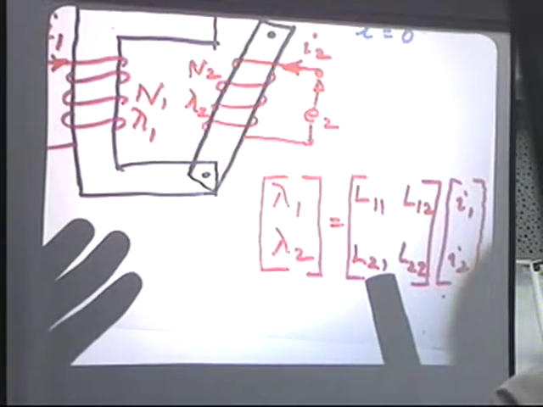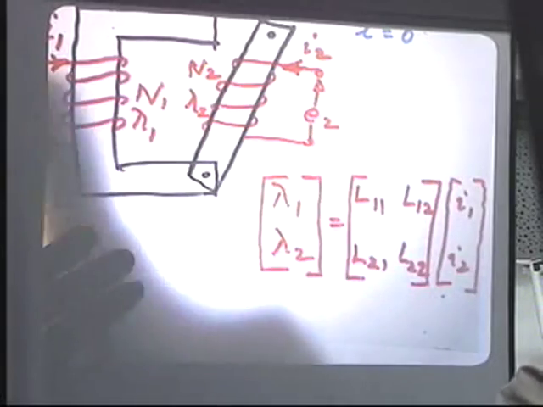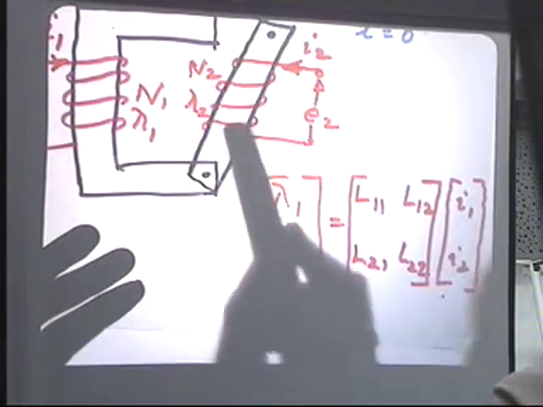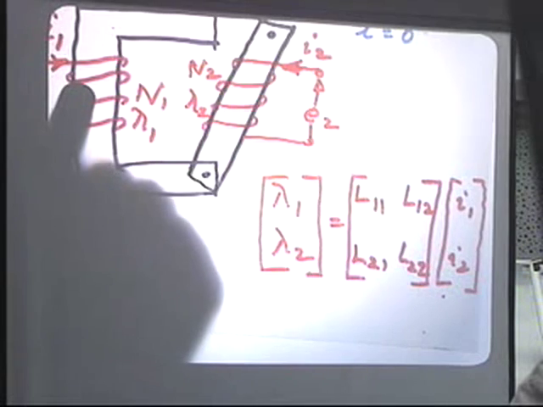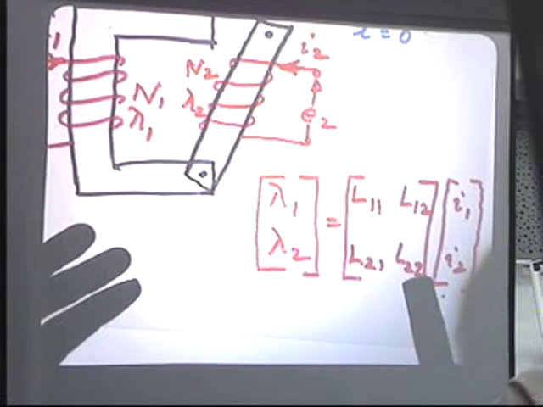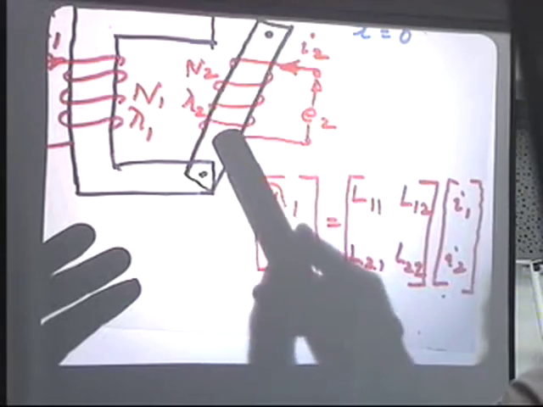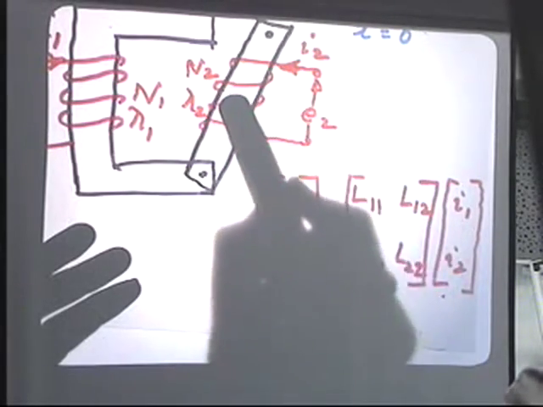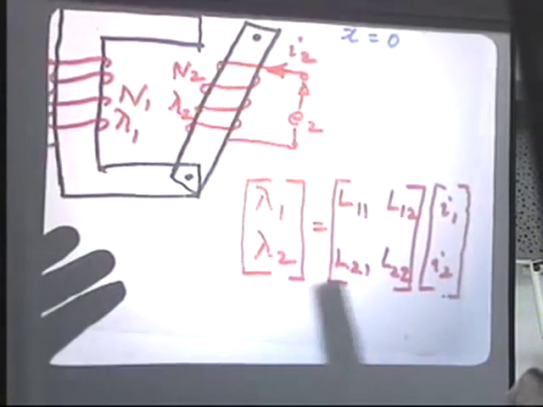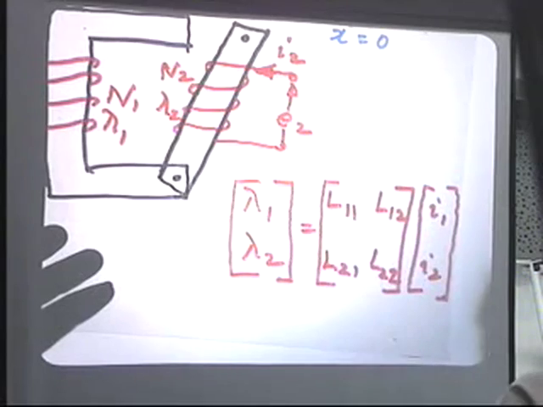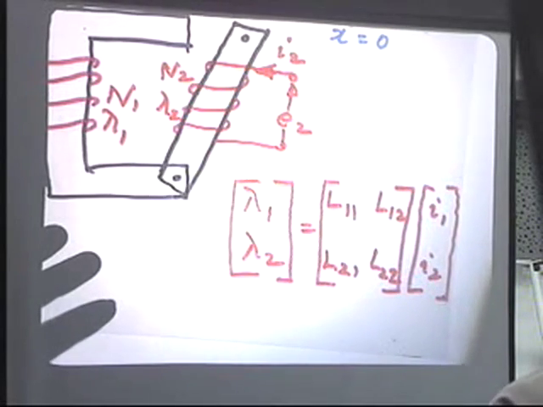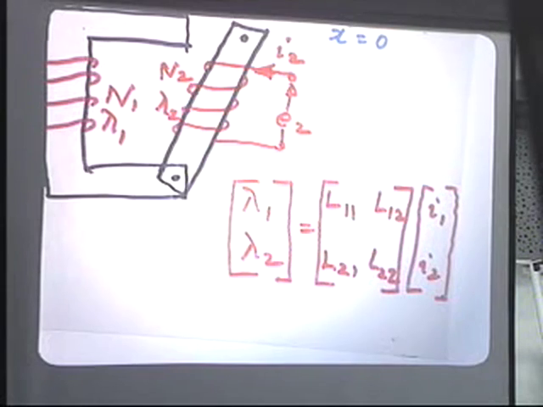Similarly, L21 is the flux linking winding 1 due to current in winding 2 when the first winding is unexcited, and L22 is the self inductance of the second winding, that is flux linking winding 2 due to current in winding 2 when winding 1 is unexcited. So these are the definitions of self and mutual inductance. Now, when you have these quantities, what will be dW field now?